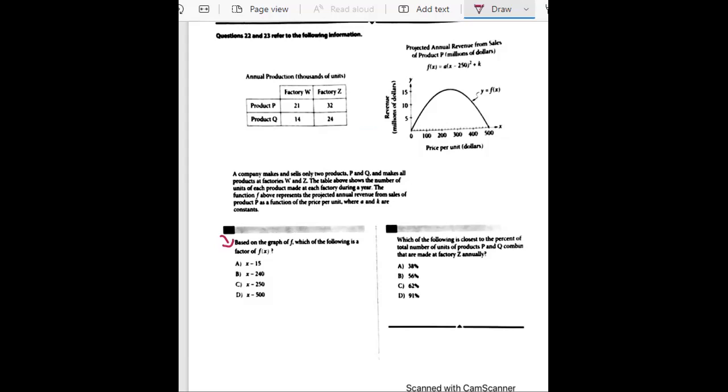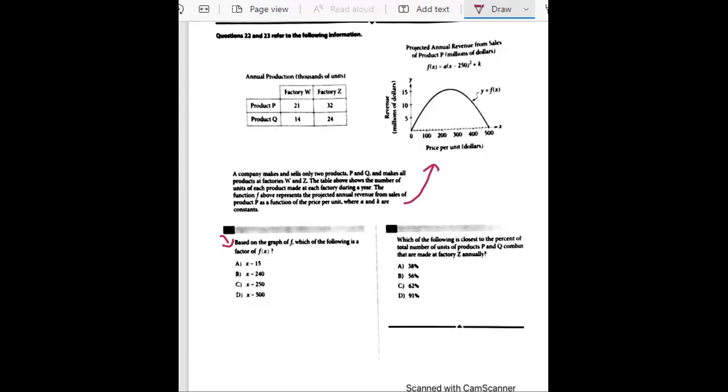The product P, the function F above, this one, represents the projected annual revenue from sales of product P as a function of the price per unit, where A and K are constants.